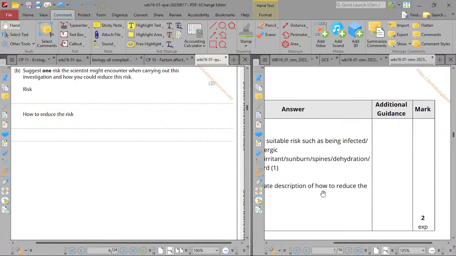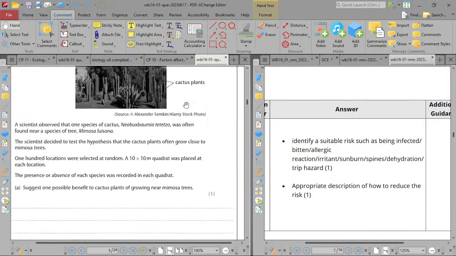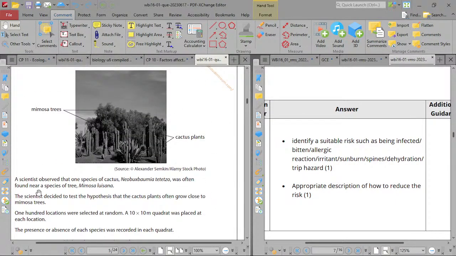Spines, appropriate description. Allergic reaction, so wearing a mask and keeping a distance, or letting the teacher know.